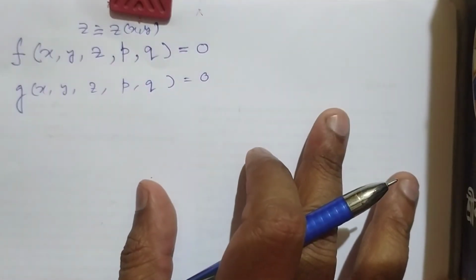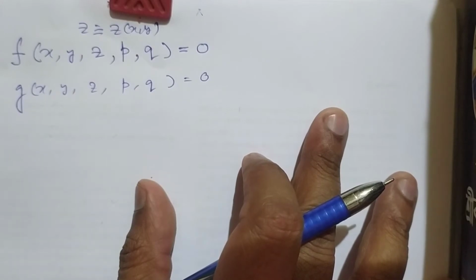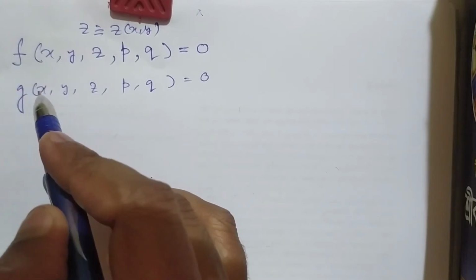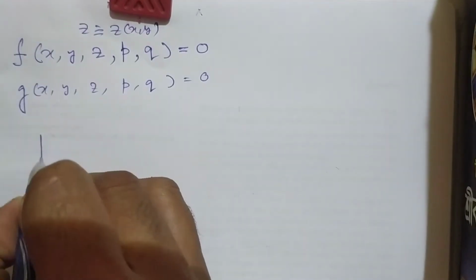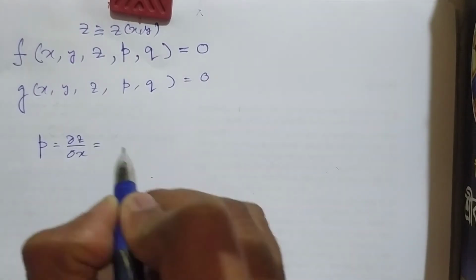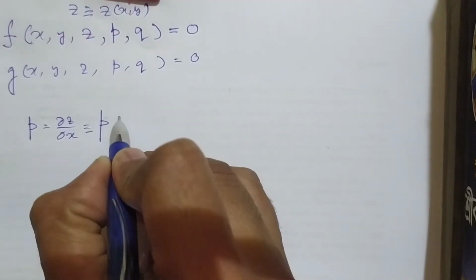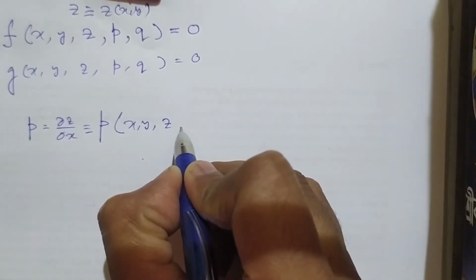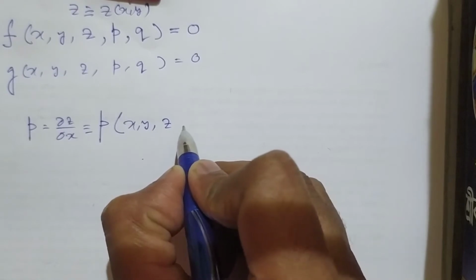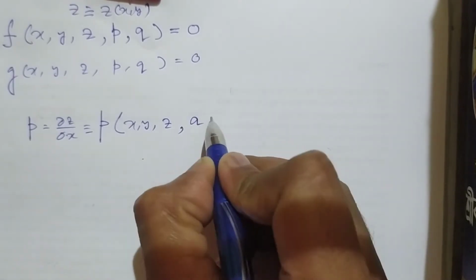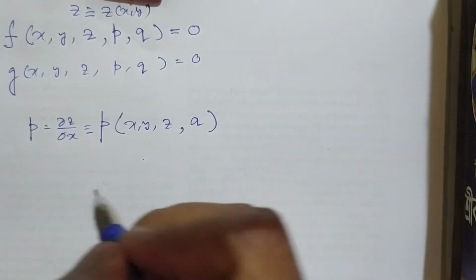What compatibility means, we will discuss later, but first, solving these two, we will get p, that is del z del x, as a function of x, y, z and a constant a.